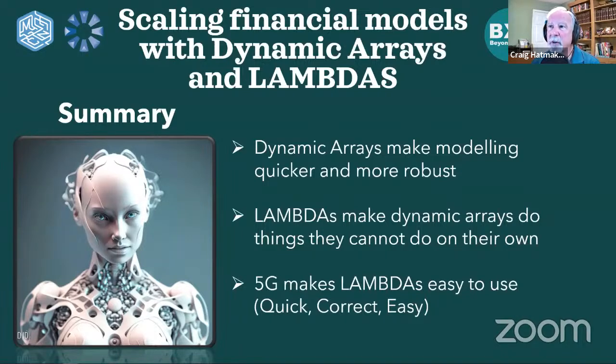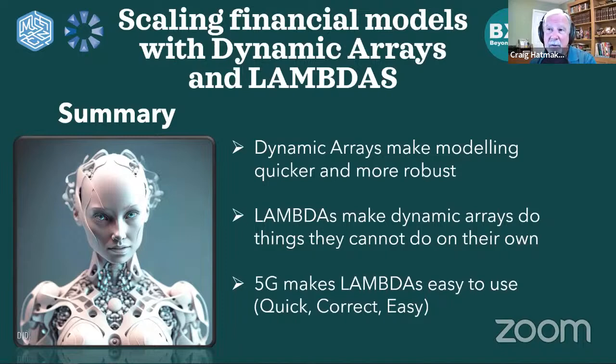Is there speed efficiency in DAs versus non-DA models? Huge. So it's a two-edged sword. If you're doing regular modeling, you're kind of self-limiting about how many cells and how complex your formulas are, because you don't want to write very complex formulas.